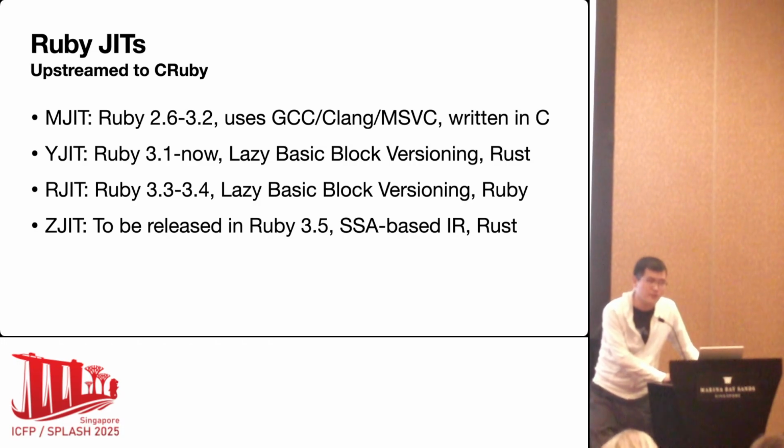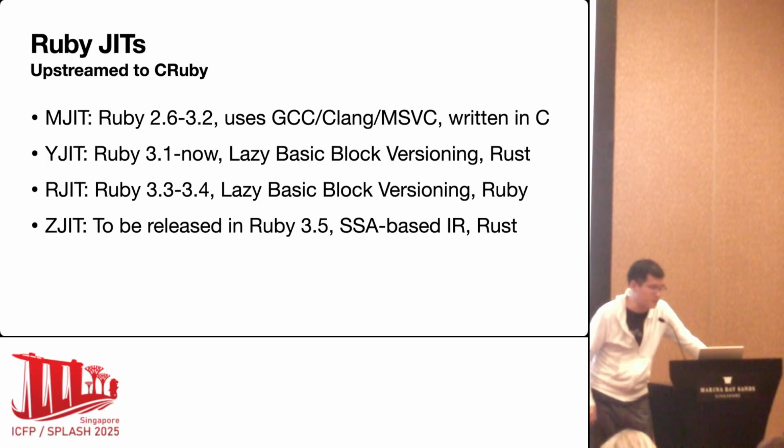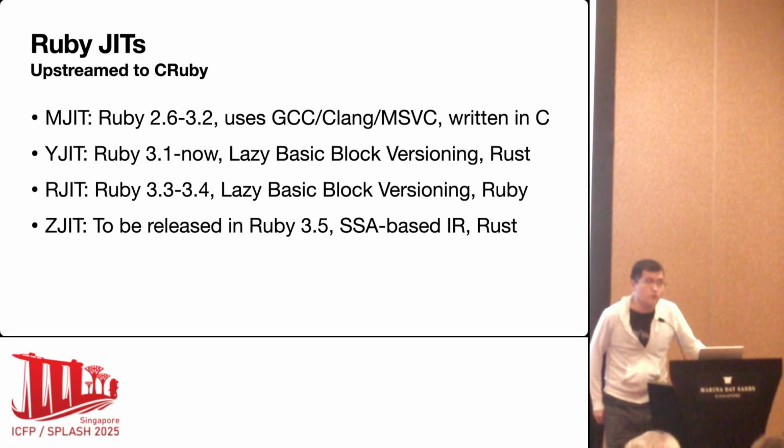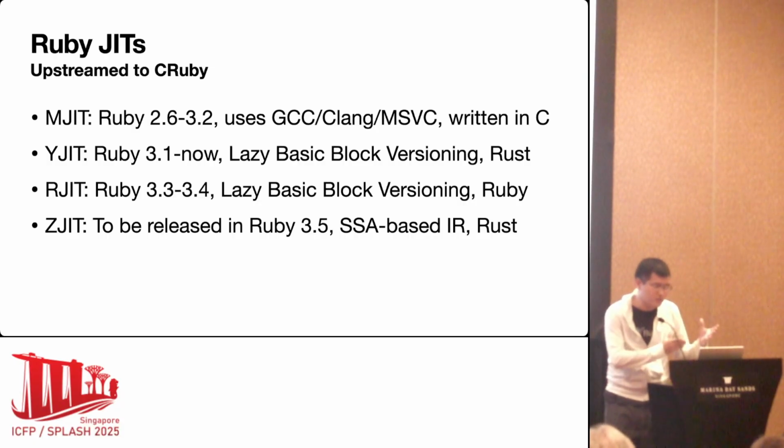So about CRuby. Going forward, I'm going to mainly talk about CRuby by just saying Ruby. So the first Ruby JIT that we merged to the upstream CRuby implementation was called MJIT. MJIT used sort of a template JIT. So we have a virtual machine implementation, the bytecode implementation.